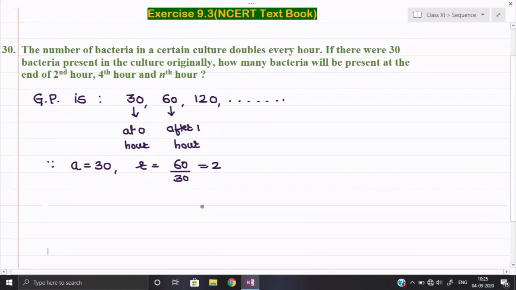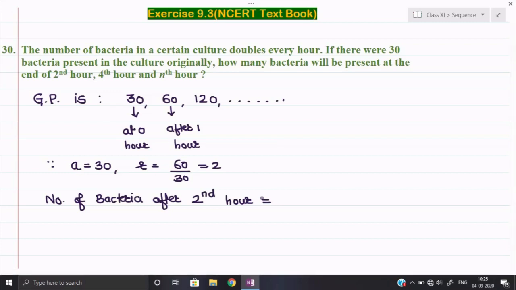Now see, they are asking the number of bacteria after second hour. Now you need to focus on some things here. After 1 hour, if I want to find out the number of bacteria, then the value is 60. But 60 is which term in the sequence? That is the second term.